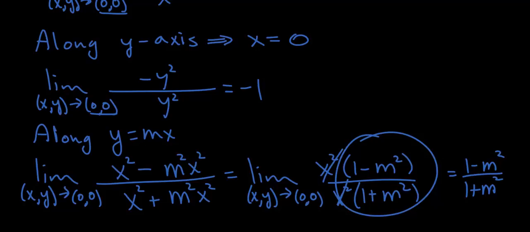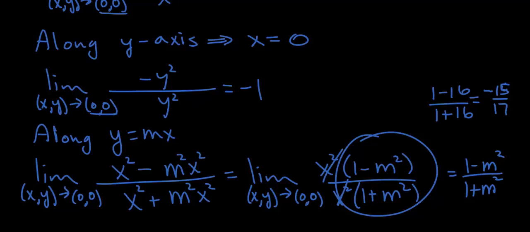Depending on how I choose m will give me a different slope. For example, if I choose m to be 4, in other words, if I approach along the line y equals 4x, here's what I would get. I would get 1 minus 16 over 1 plus 16. Well, that's negative 15 over 17.